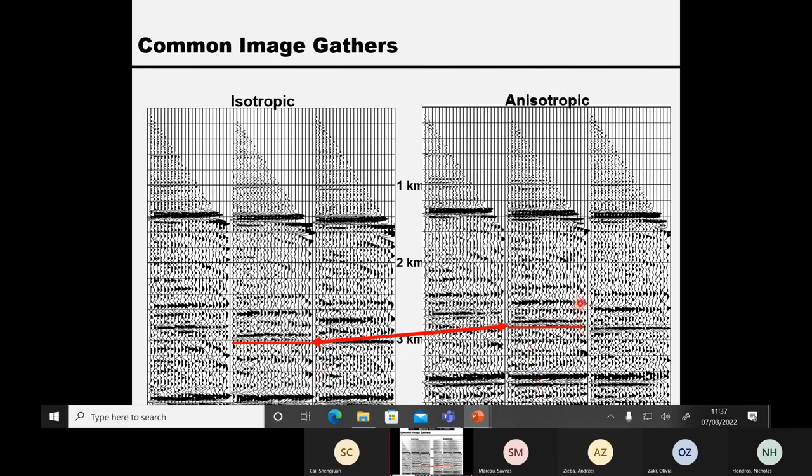Why? There's another thing called the anisotropy effect. The anisotropy effect means your wave travels vertically or at a different angle, you have a different velocity, right? Velocity depends on the travel angle. That's called anisotropy.